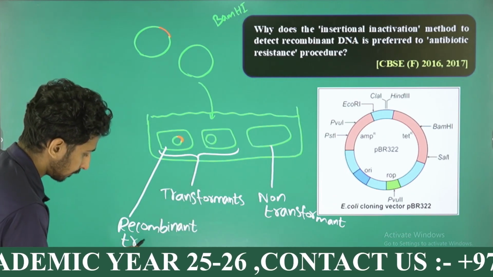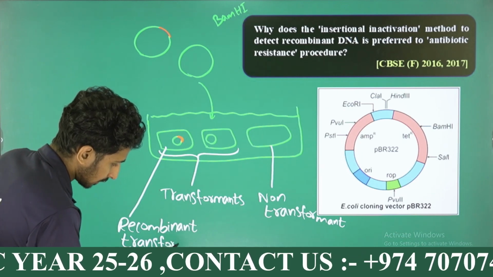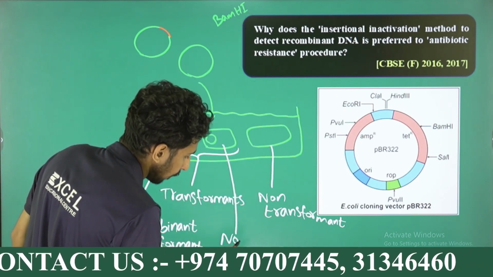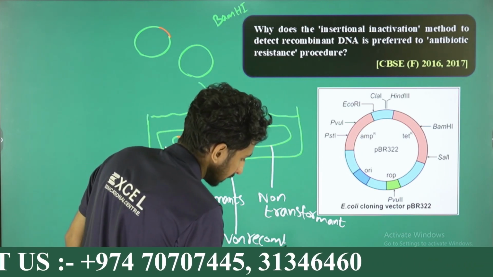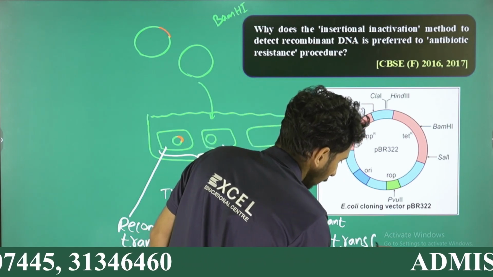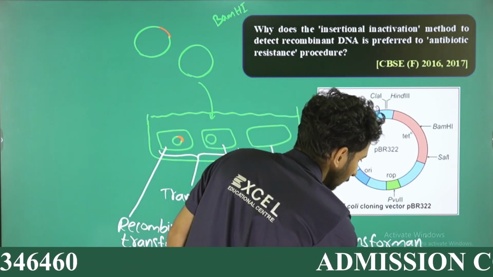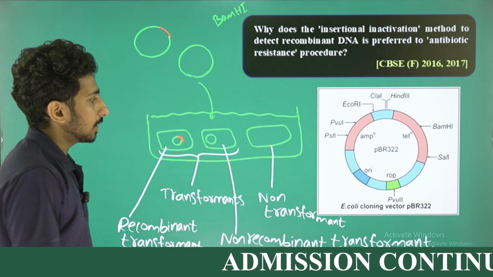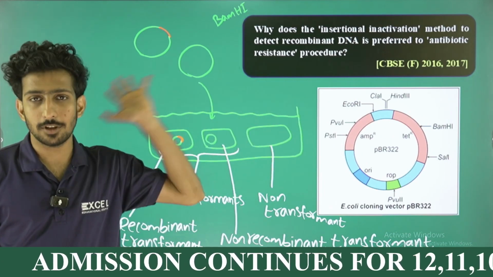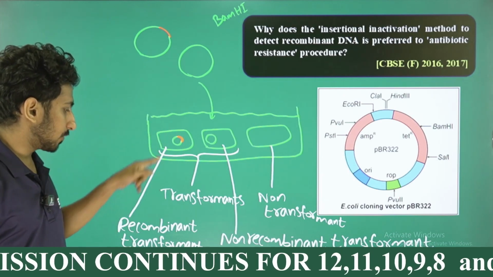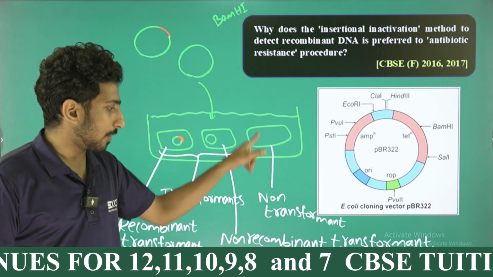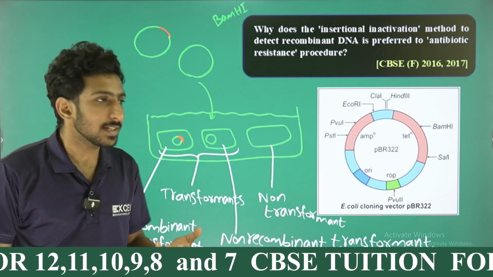Among the two transformants, one is a recombinant transformant, and this one is a non-recombinant transformant. So in this medium we have three types of bacteria, not three bacteria: one is a recombinant transformant, the second is a non-recombinant transformant, and the third is a non-transformant.